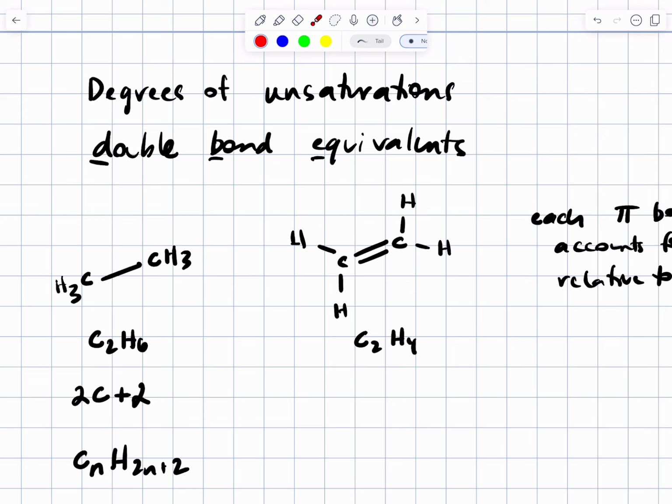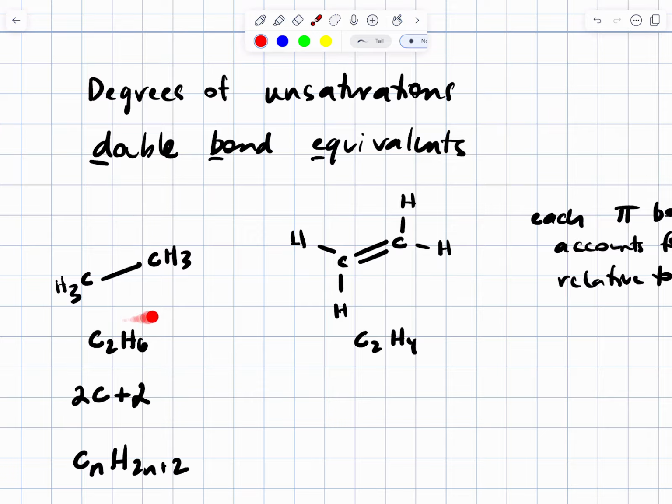So at some point in the past, I think, you learned that in general, for a hydrocarbon that's an alkane with no pi bonds, the general formula is CnH2n+2. That is, if your molecule is hexane and it's got 6 carbons in it, it has to have 14 hydrogens. 2 times 6 is 12 plus 2 is 14.